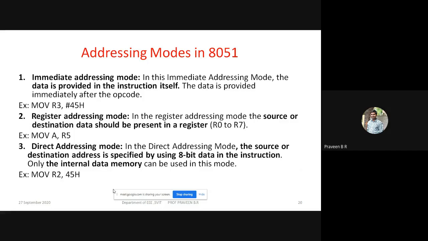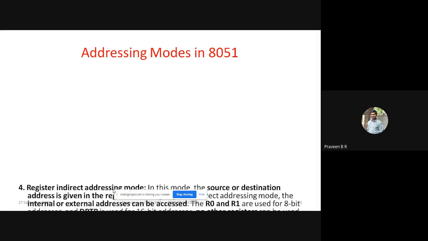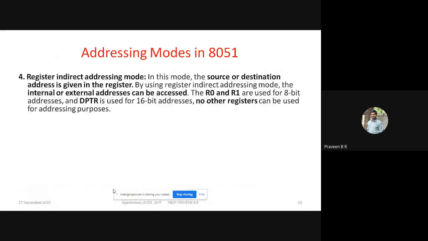So the data present is not 45H. The internal data memory address is 45H. It is a memory location inside the microcontroller, 45H. When you go to the 45H memory location, there will be some data inside it which you are moving into register R2.